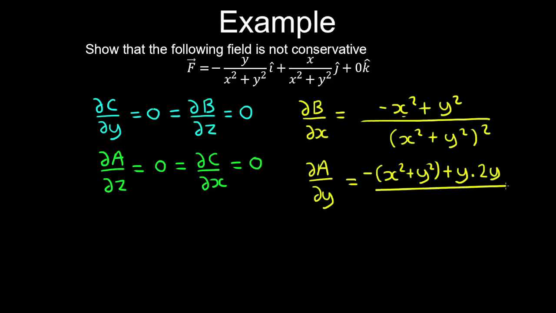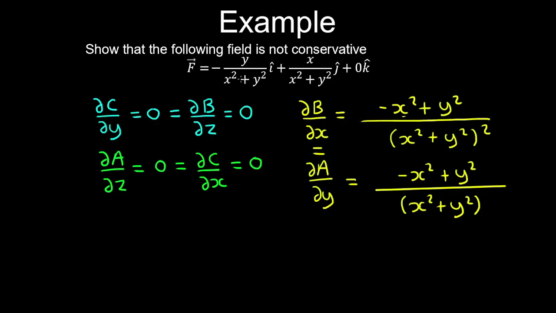And that's divided by low squared, being x squared plus y squared, all squared. So we have minus x squared minus y squared plus 2y squared, which is minus x squared plus y squared. So these derivatives are also equal, and therefore the field appears to be conservative by the component test.